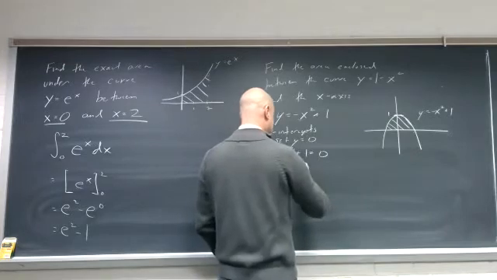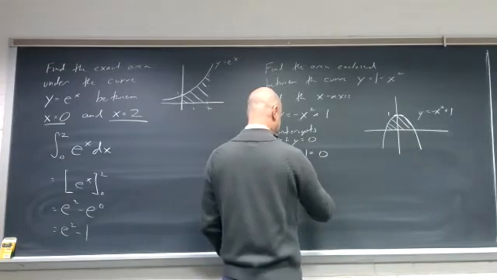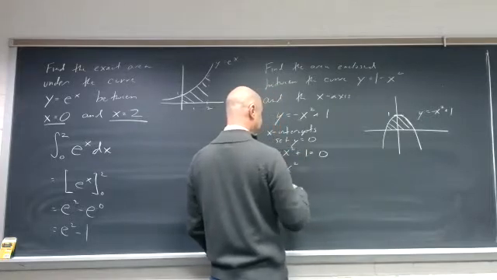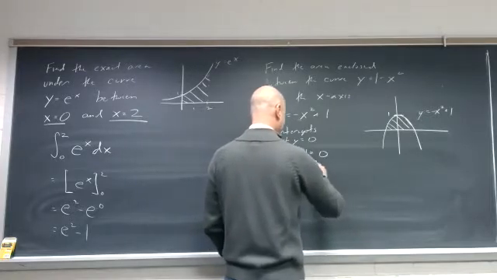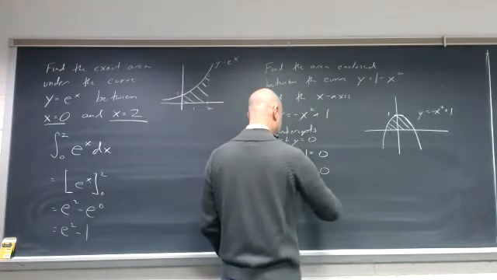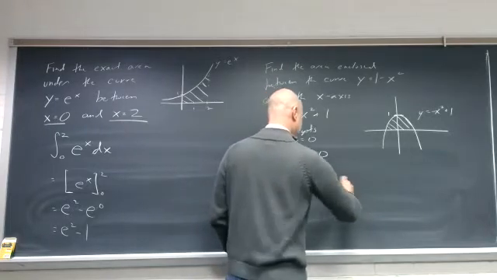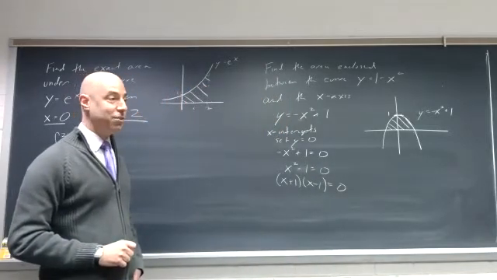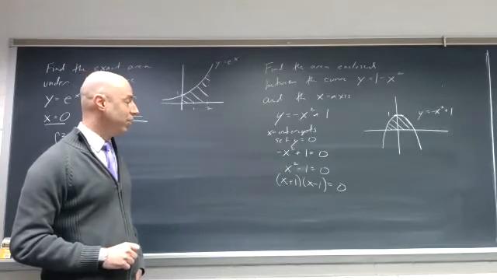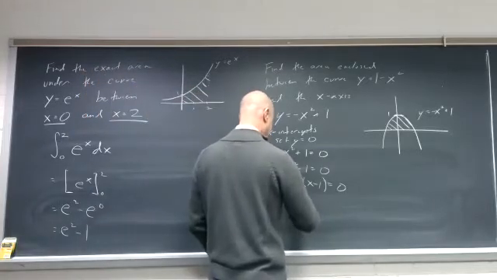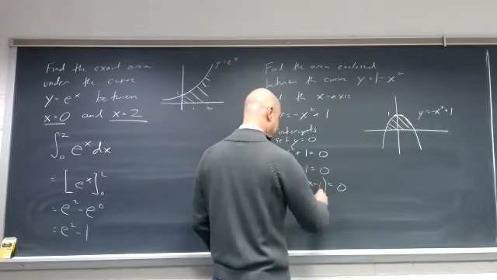In other words, all right, I'll multiply both sides by negative 1. x squared minus 1 equals 0. That factors as x plus 1 times x minus 1 equals 0. All old stuff, all the pre-calculus stuff that we reviewed at the beginning of the course. And here, x equals minus 1 or x equals 1.